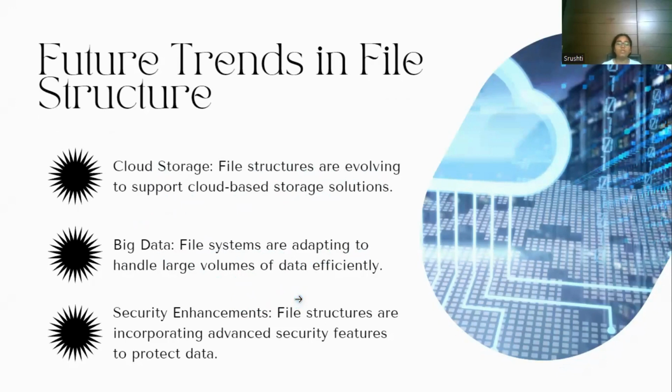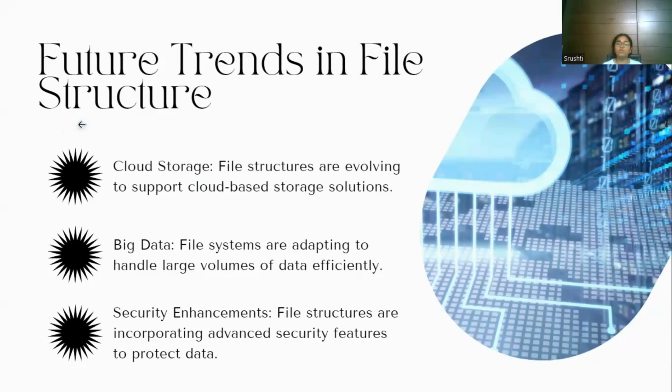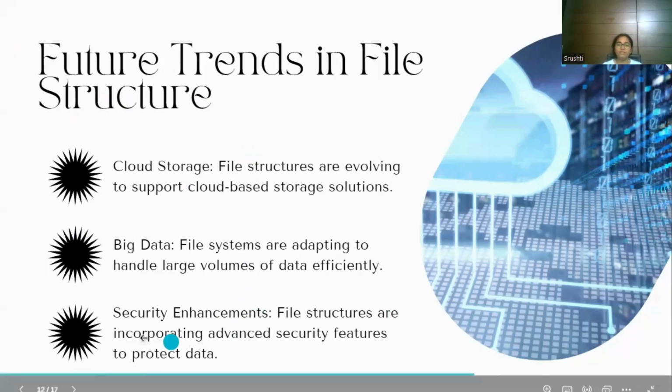File structures are incorporating advanced security features to protect data. Here in cloud storage, though it has a lot of storage, there is not much security. So therefore, the file structure itself is tending to advance its own achievements or own properties by inducing all these factors.